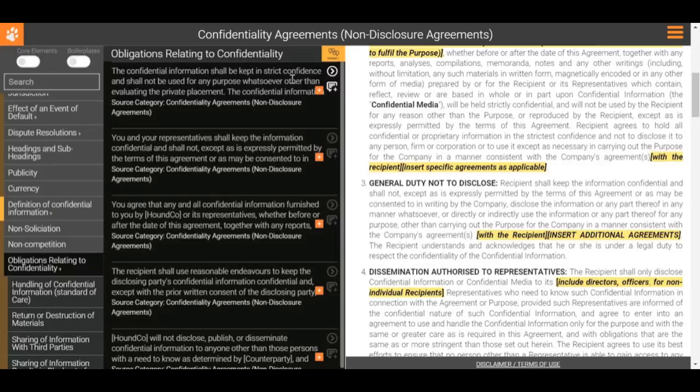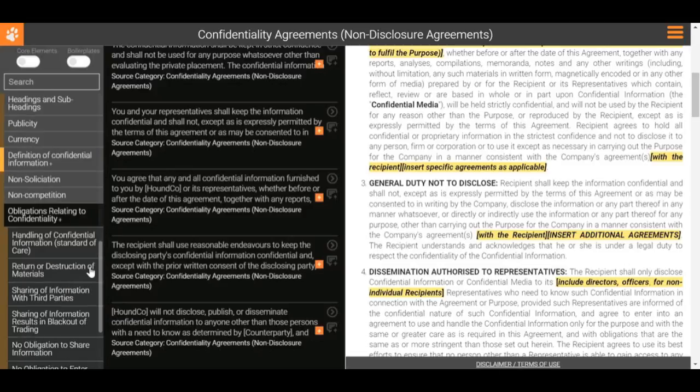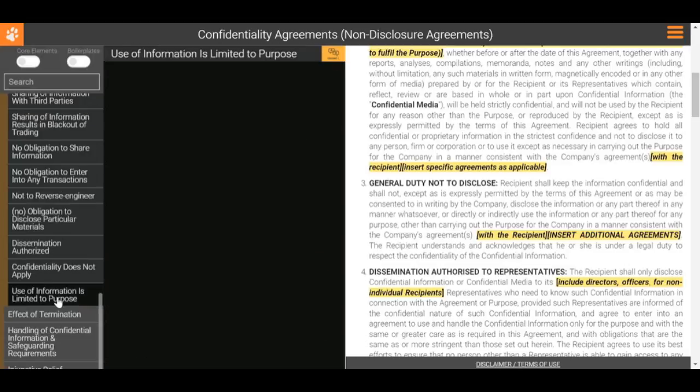This is akin to a general duty not to disclose. And we've provided several examples of this obligation, both in this section as well as in a subcategory called use of information is limited to purpose.